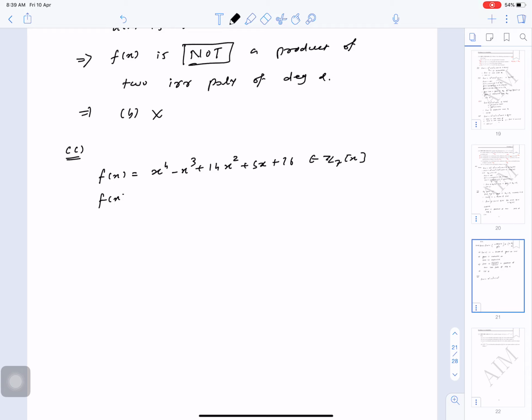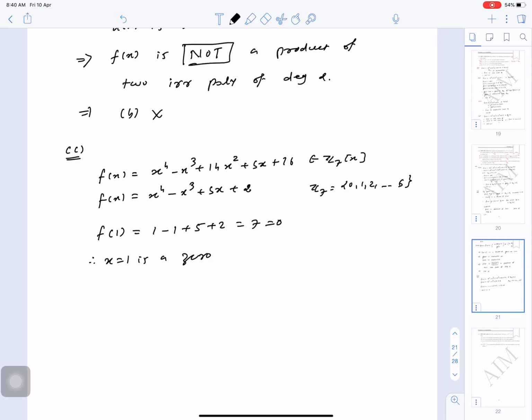So f(x) reduces to x raised to 4 minus x cube plus 5x plus 2. By inspection, Z7 is 0, 1, 2 up to 6. So f(1) will be 1 minus 1 plus 5 plus 2, so it is 7, and it is 0. So therefore x equal to 1 is a 0 of f(x) in Z7.